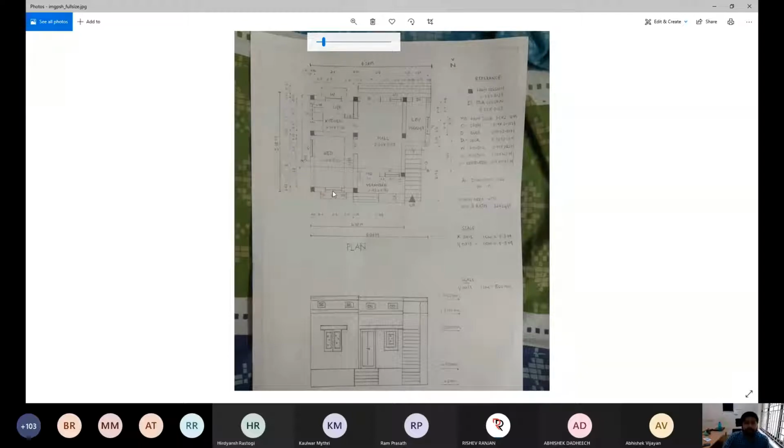Here you can see one window is there, so it's visible here. Here one main door is there, that is visible. Then you can see here one step also, that is also visible. Then another window here you can see.